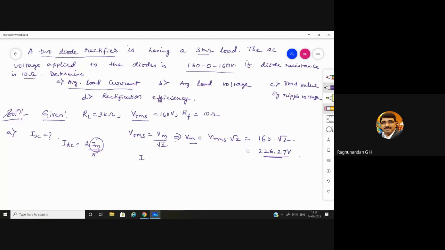Obviously, Im is equal to Vm by Rf plus RL. If in the question they have not given Rs, ignore it. If they have given Rs, some 10 ohm or 20 ohm, then consider Rs.